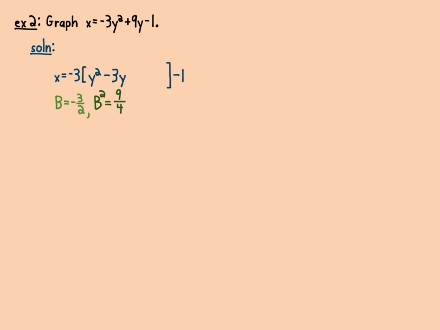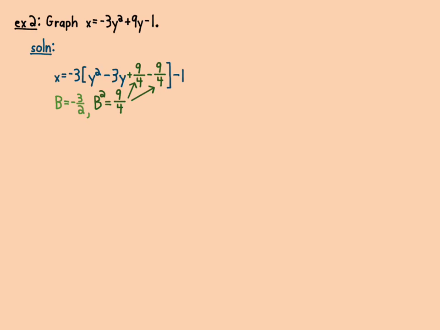B squared is, and that's always going to be positive, of course, 9/4. And so you have to add and subtract 9/4 in here. Always add first. So add 9/4 minus 9/4. Then this trinomial, y squared minus 3y plus 9/4, will factor. It's a perfect square, and so it'll factor as y minus 3/2, the quantity squared, and it'll leave this minus 9/4 left over there.